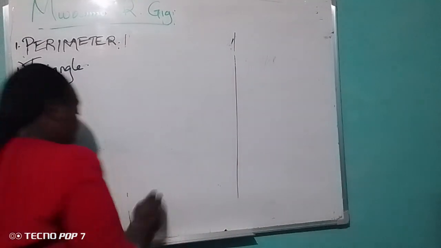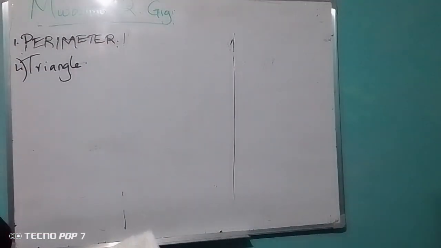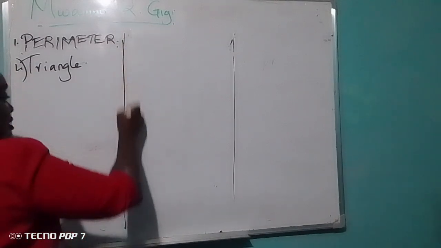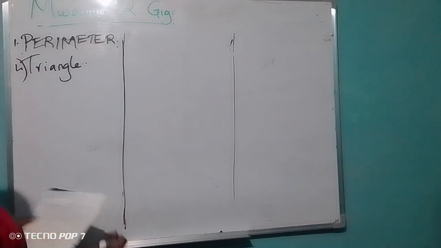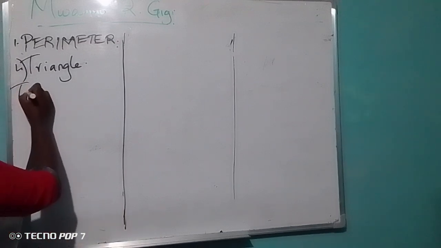So there is somebody who was called Pythagoras. Ndiye alikuja na hii theory about a right angled triangle.